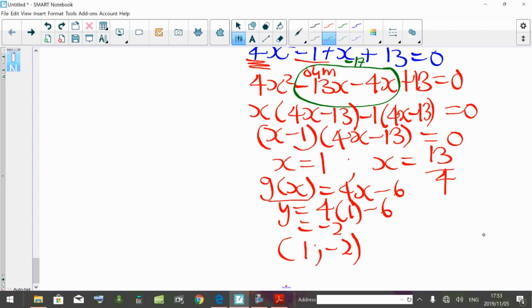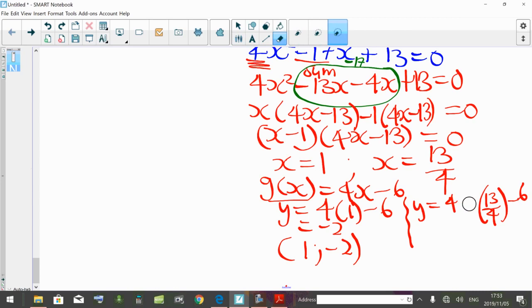Now I'm substituting the second x value which I obtained, which is 4 into 13 over 4 minus 6. Excuse me. We've replaced x with 13 over 4. And a quick calculation will tell us that we will end up with 7.